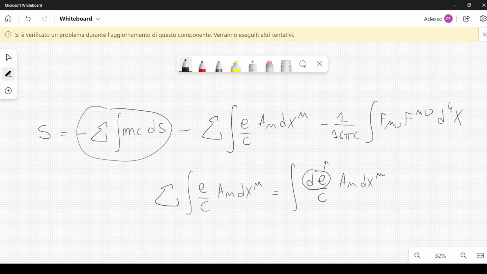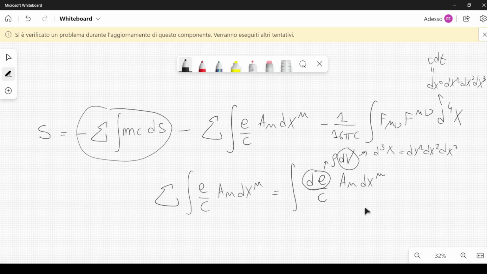So the element of charge can also be written as the charge density rho multiplied by a three-dimensional volume dV. So this dV here can be written as d3x if you want. So it's dx1, dx2, dx3, whereas d4x can be written as dx0, which is c times dt, and then I have dx1, dx2, dx3.